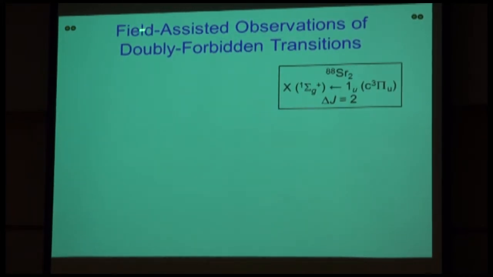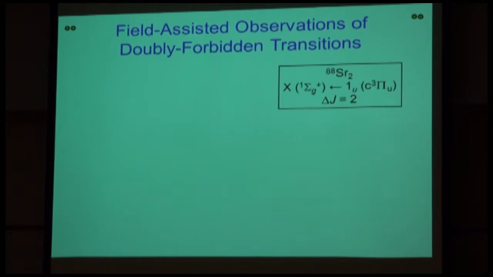Here, I call it the field-assisted doubly forbidden transition. Why doubly forbidden? All of this is a singlet to triplet, right? So these are all forbidden transitions. That's why they're so narrow. But doubly forbidden, in this case, means that the change of total angular momentum delta J is 2. For an electric dipole transition, that's forbidden.